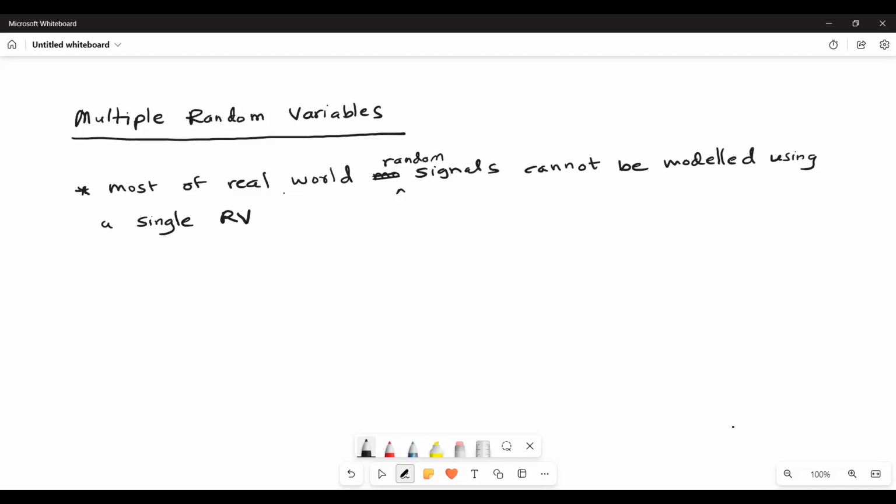Because of that, we need to find the behavior of the process under multiple random variables. We cannot model using a single random variable, but rather we need to use multiple random variables.